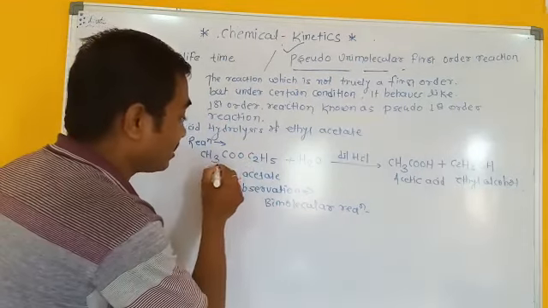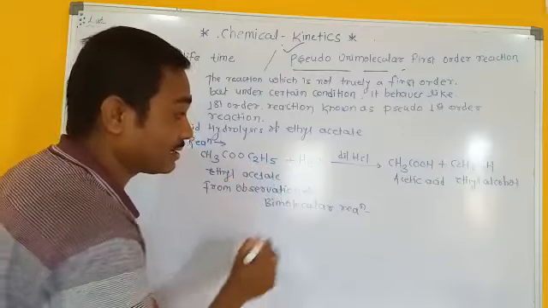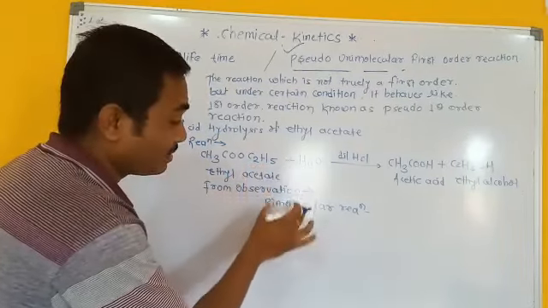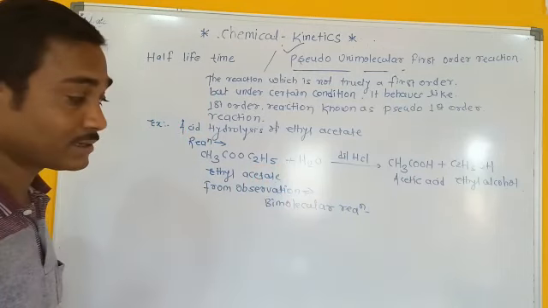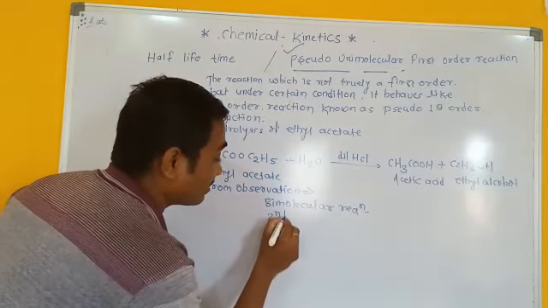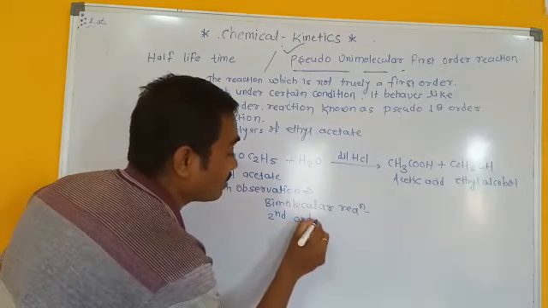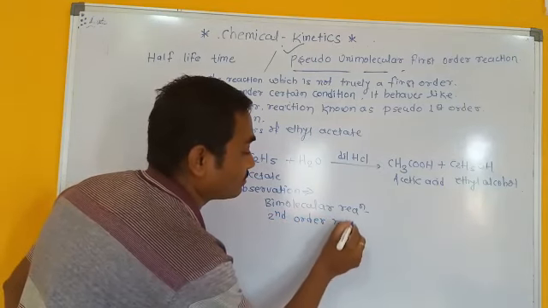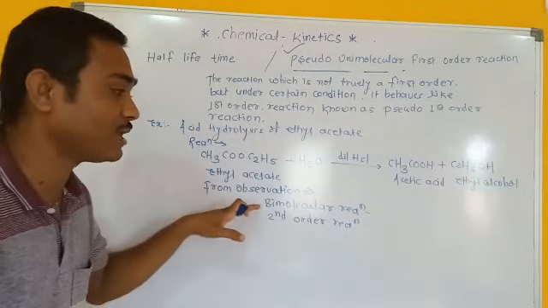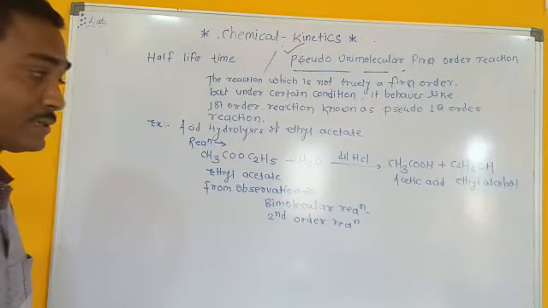Why? There is one molecule of ethyl acetate and one molecule of water. Therefore we say that this reaction is bimolecular. Also, it appears like a second order reaction as well as a bimolecular reaction.